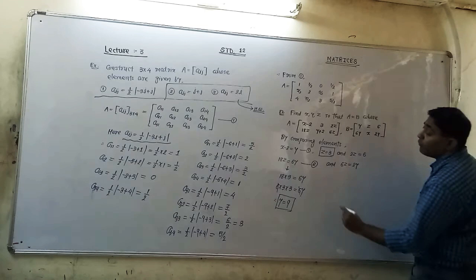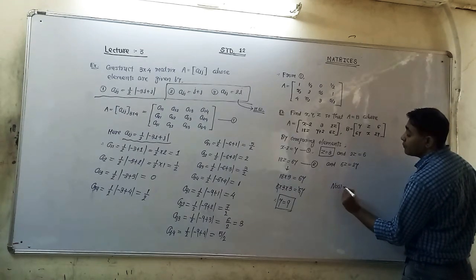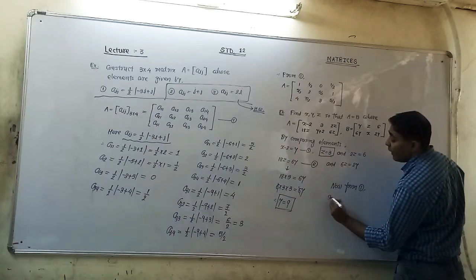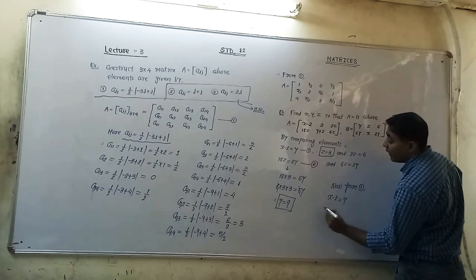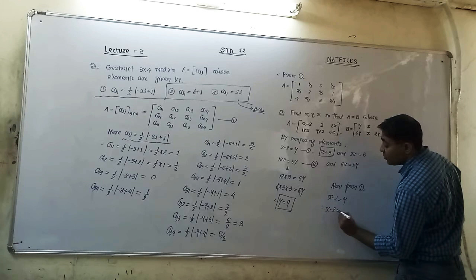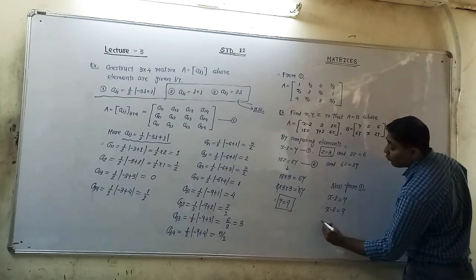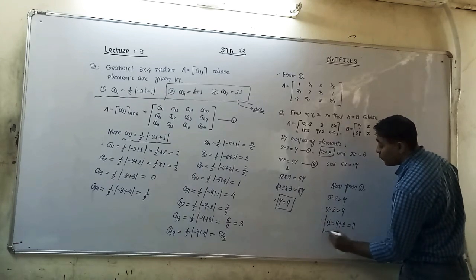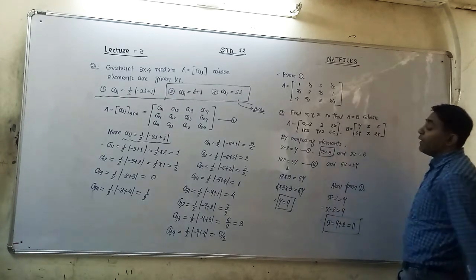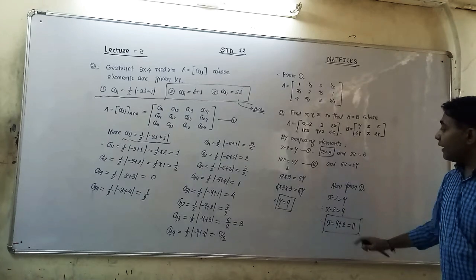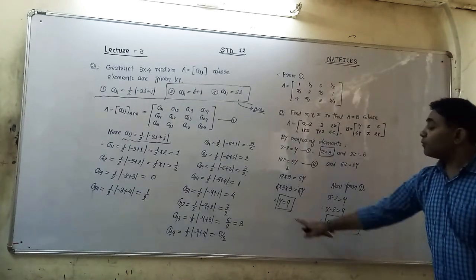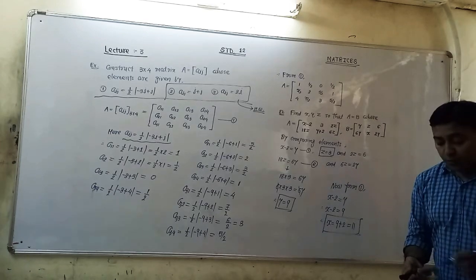Now from 1 we will find x easily. x minus 2 is y, and therefore x minus 2 is 9. So x is 9 plus 2, that is 11. So finally the values: x is 11, and it is satisfied, 11 minus 2 is 9, so y is automatically 9 and z equals 3.